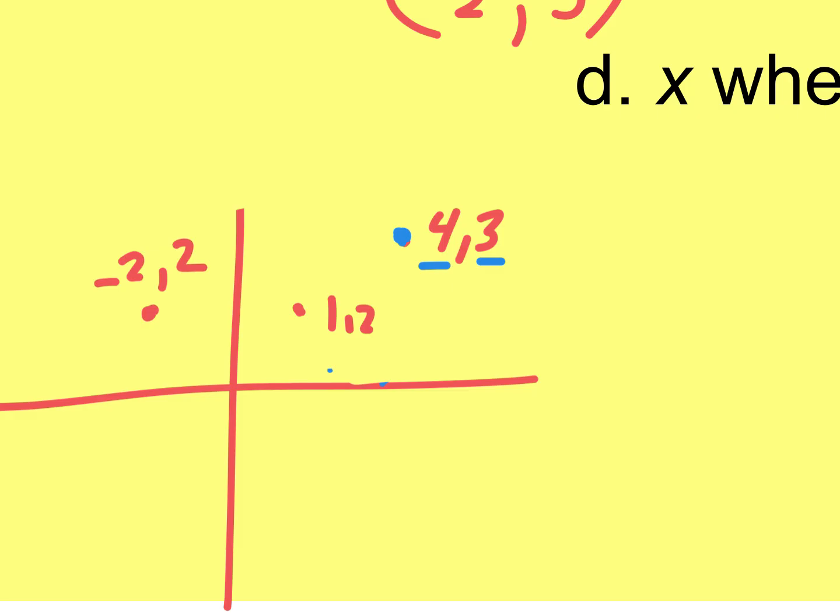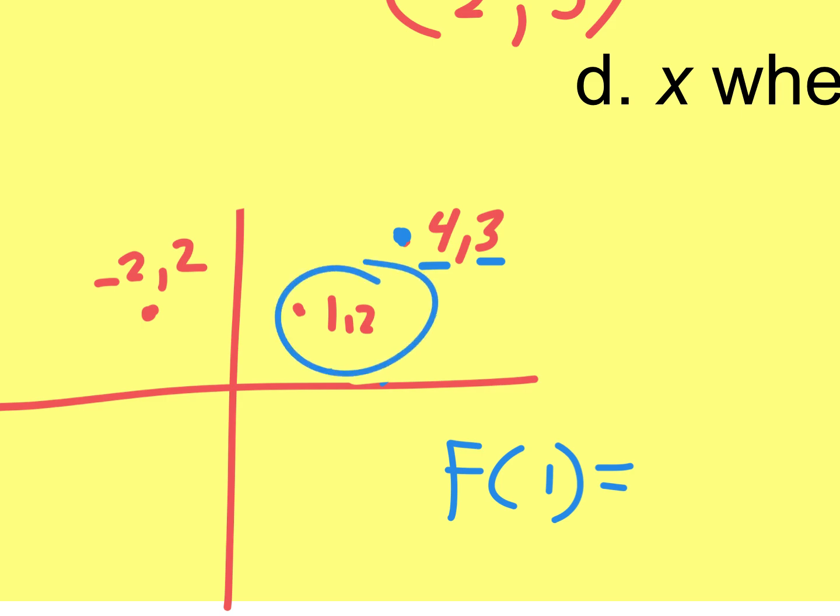Do you get how you could have found it? Well, you go f of 1. Oh yeah, that's the x. Basically, he just said x is 1. And so I should probably say that's my answer right there. And what is f of 1? It's not 1, 2. F of 1 is 2.